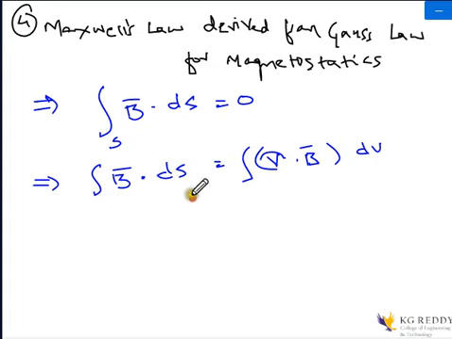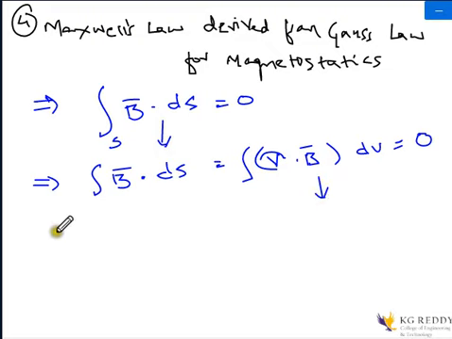As we have seen, magnetic flux will not reside inside an isolated magnetic pole, hence it becomes 0. Relating this to the volume integral, this equation also becomes 0.